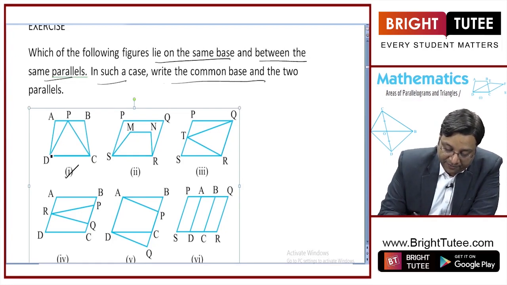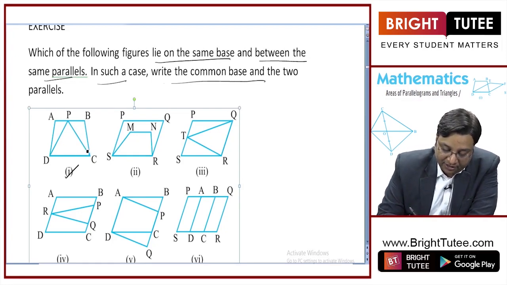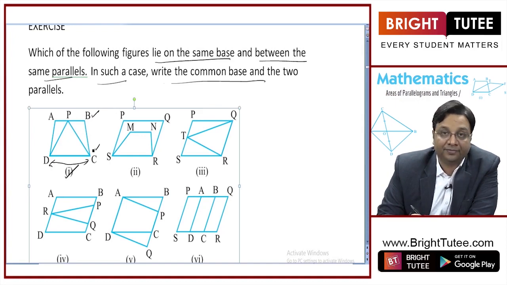Triangle DPC and this trapezium DCBA lie on base DC, which is common to both of these figures, and between same parallels AB and CD.